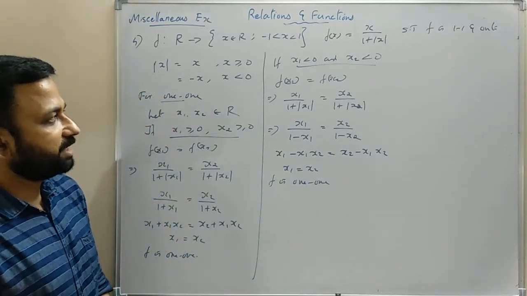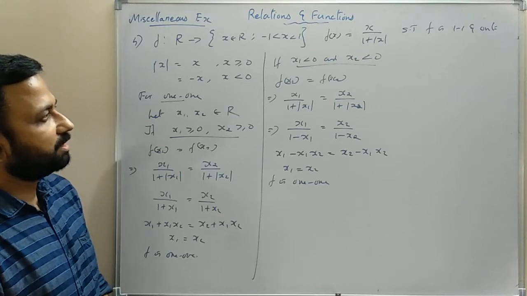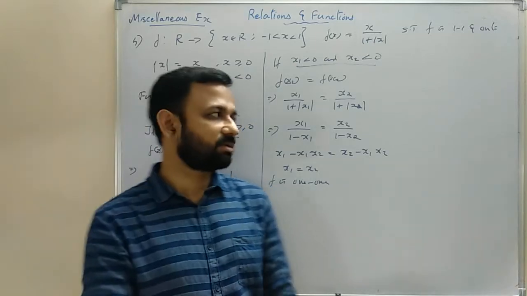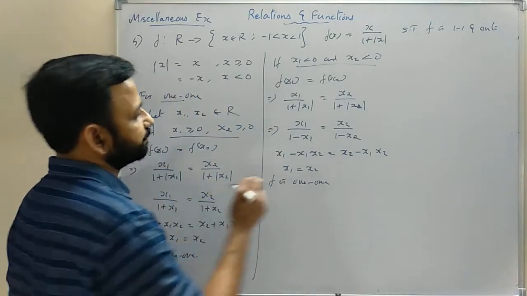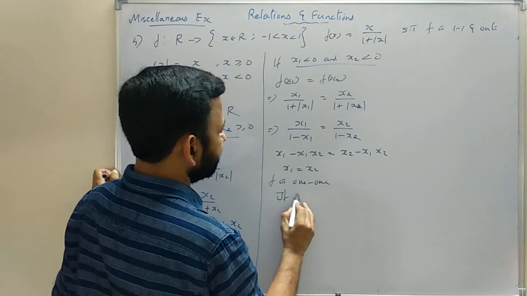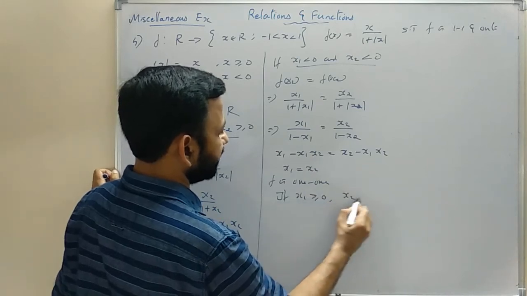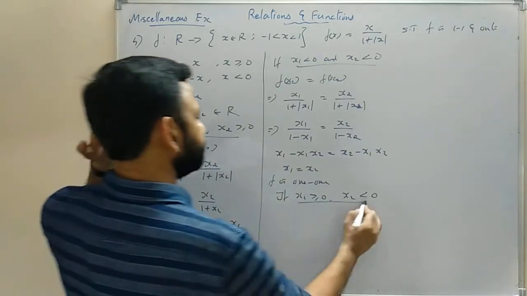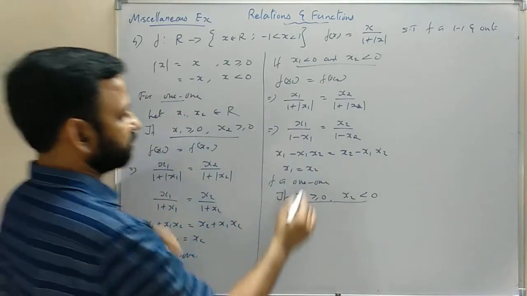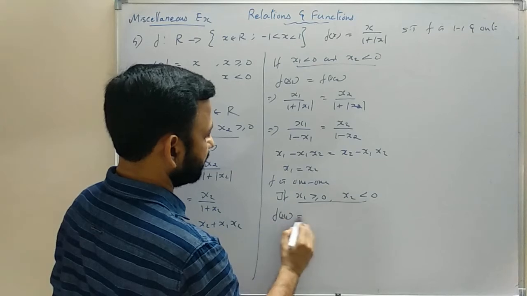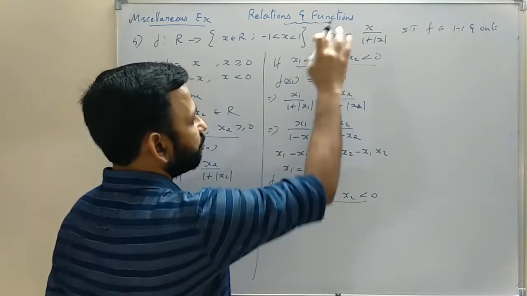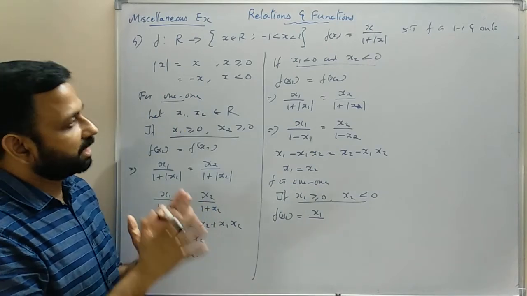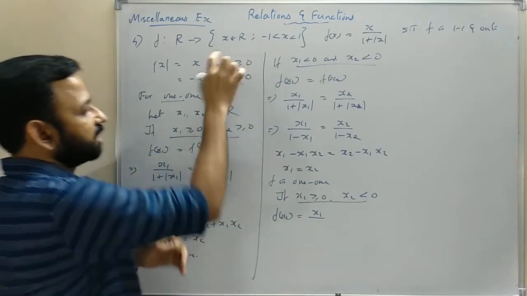Then we have one more case: x1 is positive, x1 greater than or equal to 0 and x2 less than 0, and also the just opposite case. If x1 is greater than or equal to 0 and x2 is less than 0, this is the next case. If x1 is greater than or equal to 0, f of x1 is equal to x1 upon 1 plus modulus of x1, and modulus of x1 is x1 when x1 is greater than or equal to 0.